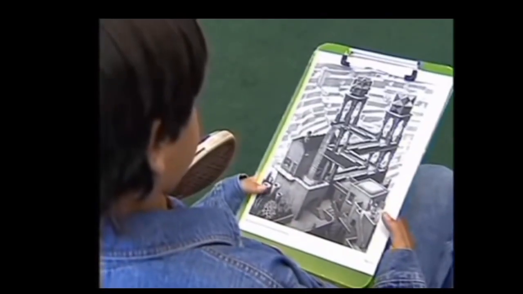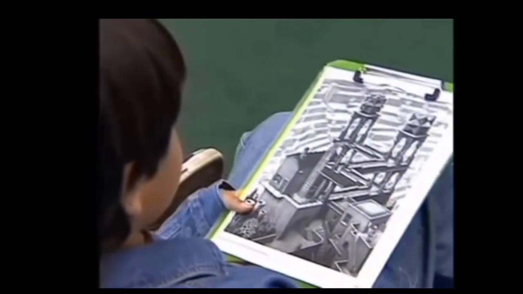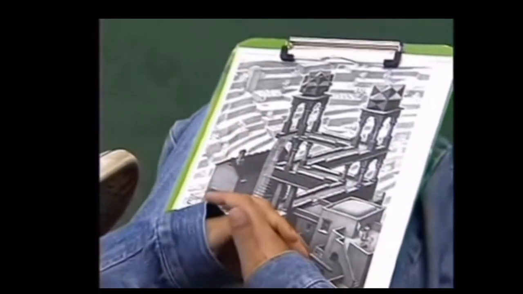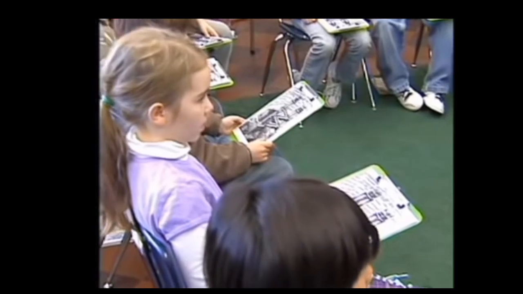Before we start talking, I'd just like you to look at it for a minute and think about what do you notice? And also, what does it remind you of? Can you think of anything that it reminds you of? What do you notice and what does it remind you of? Just sort of think about it for a minute. All right, and my first question to you today is, where is this place? Underwater. It's underwater? Well, if it was underwater, why would there be a waterfall? It's what, Devontae? Coral and stuff.